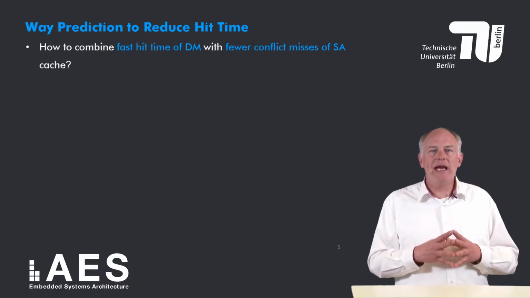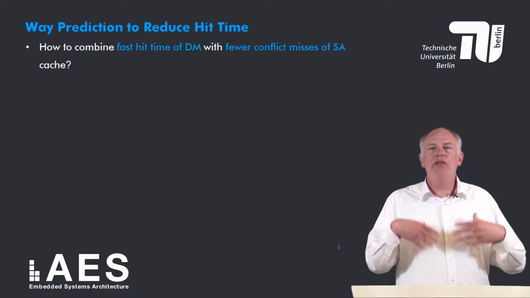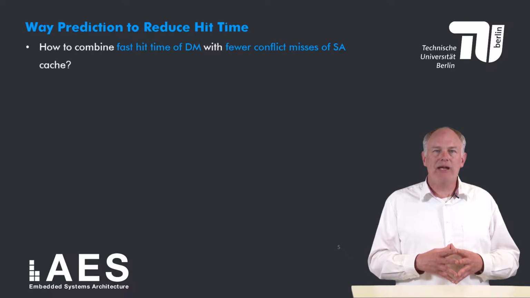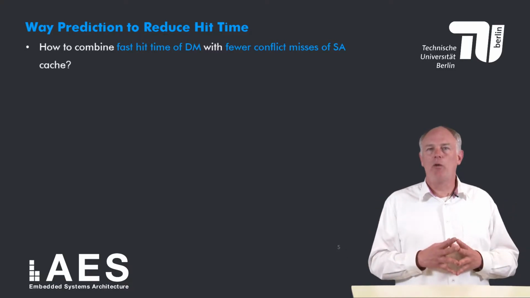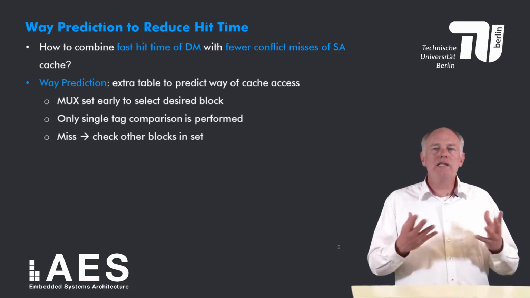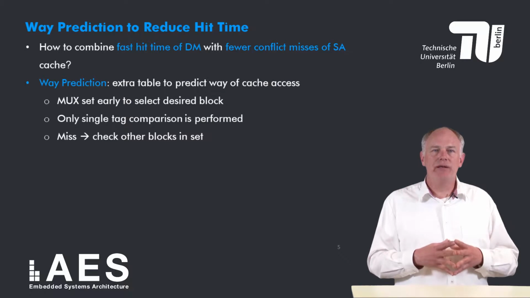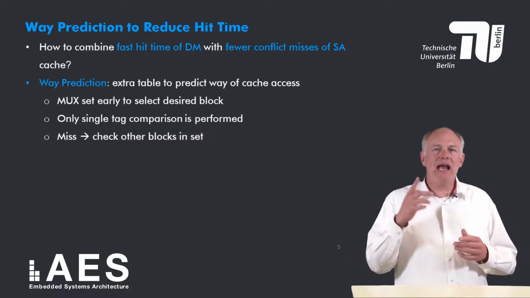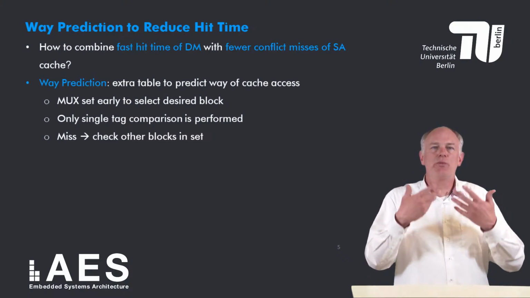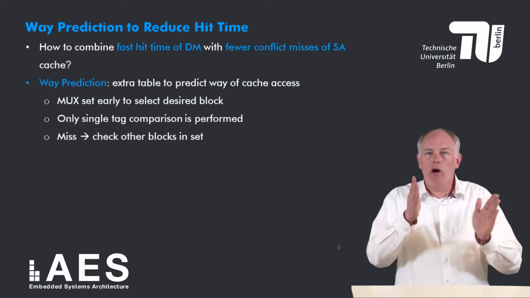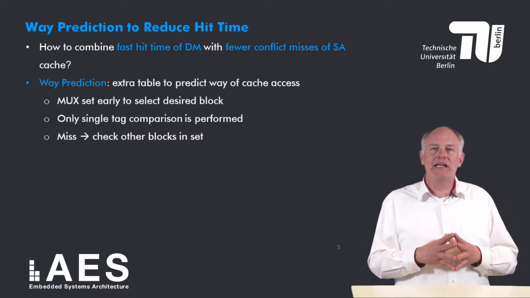The question now is, how can we combine the fast hit time of a direct map cache with the lower miss rate of a set associative cache to achieve the best of both worlds? One such technique is way prediction. In this technique, there is an extra table that is used to predict the way or block within the set of the cache access.